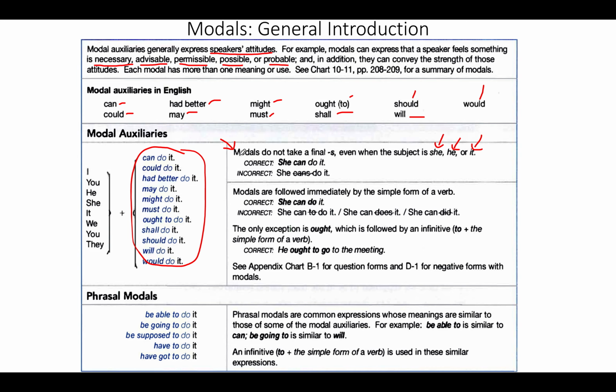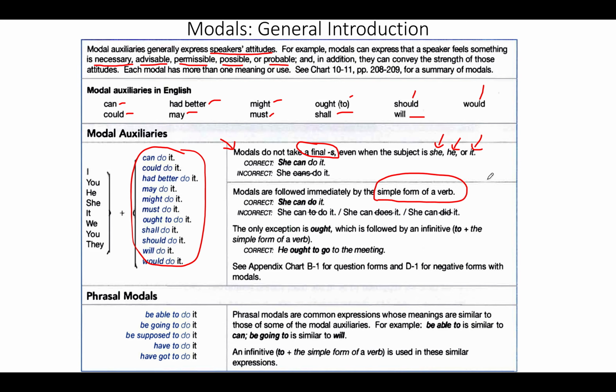But for the modals, we never add that final s. For example, we say she can do it, but if you say she cans do it, that's not correct. Modals are followed immediately by the simple form of the verb.